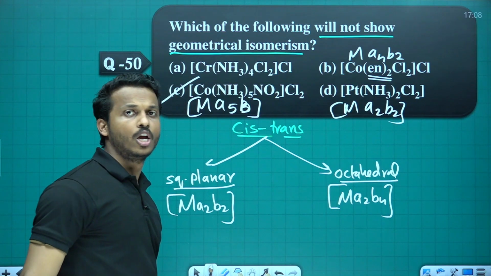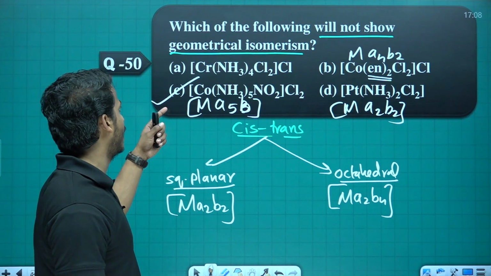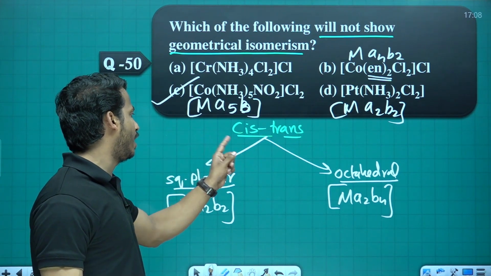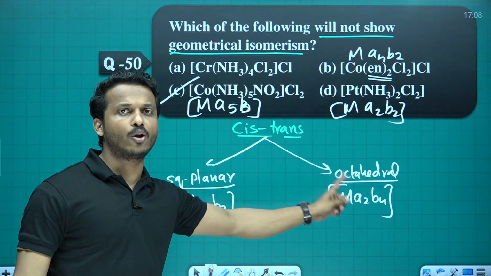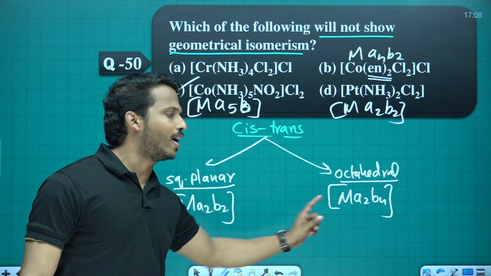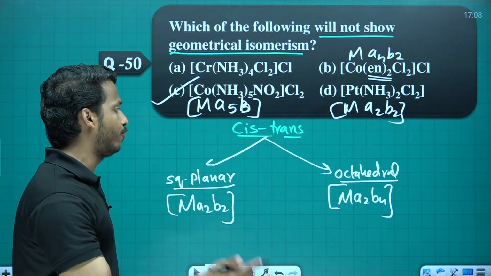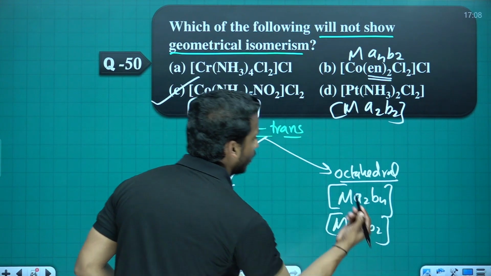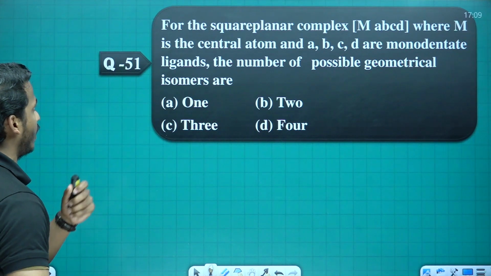It also shows. Which does not show geometrical isomerism? Option C. Remember, cis-trans isomerism is mainly given by square planar and octahedral complexes. Square planar the type Ma2B2, octahedral the type Ma2B4 or Ma4B2. Clear? Let's go for question number 51.